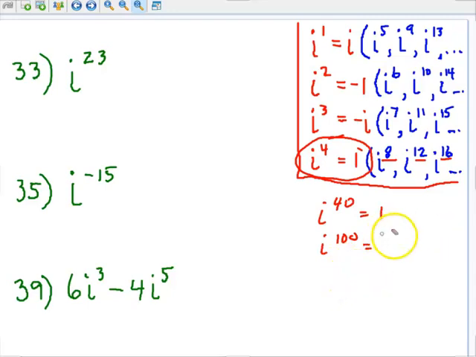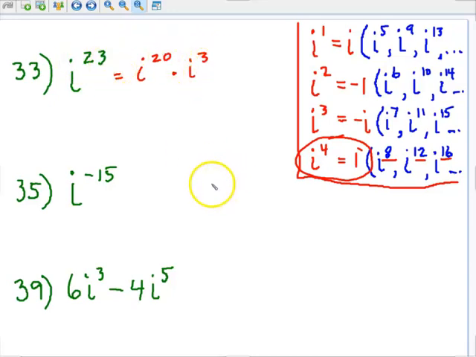So with that knowledge, we're going to use that I raised to a multiple of 4 power, and we're going to do a little factoring. So what I want here is the closest multiple of 4 to 23, and that would be 20. So multiplying I to the 20th times I to the 3rd gives me I to the 23rd.